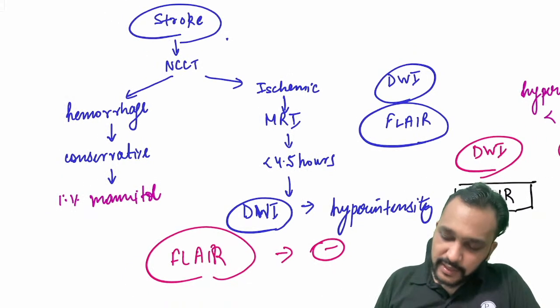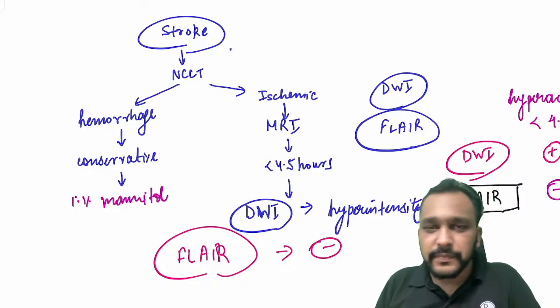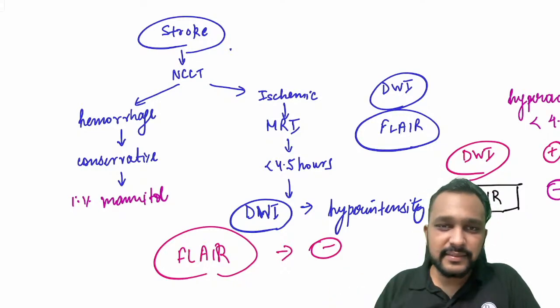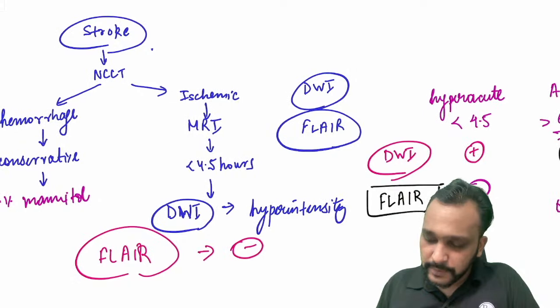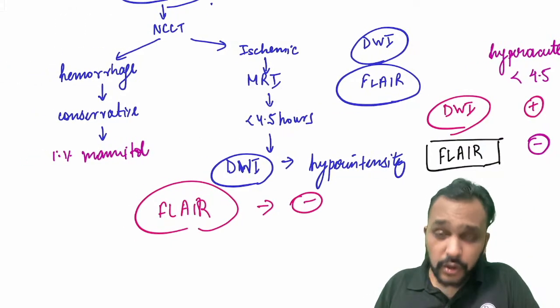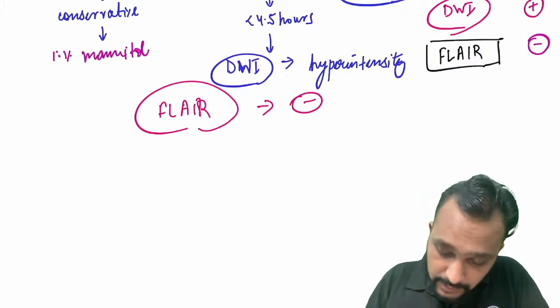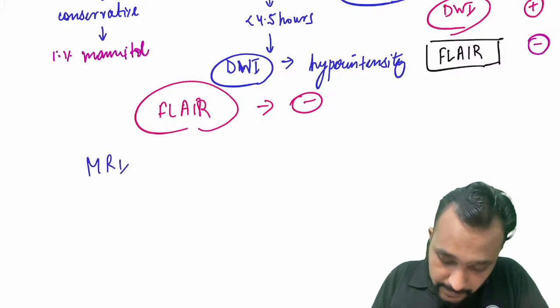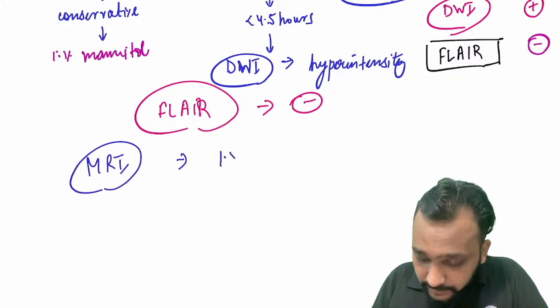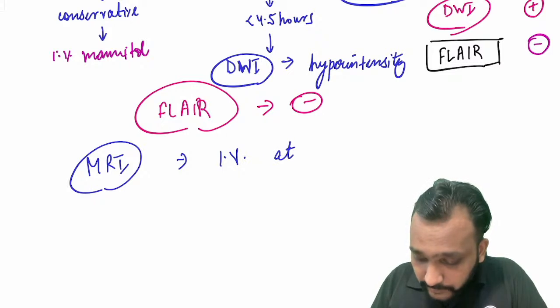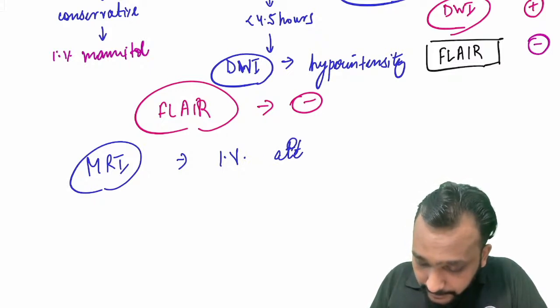Now, when the patient is diagnosed with ischemic stroke that is less than 4.5 hours, on the MRI table itself the patient is given an intravenous dose of alteplase, right?